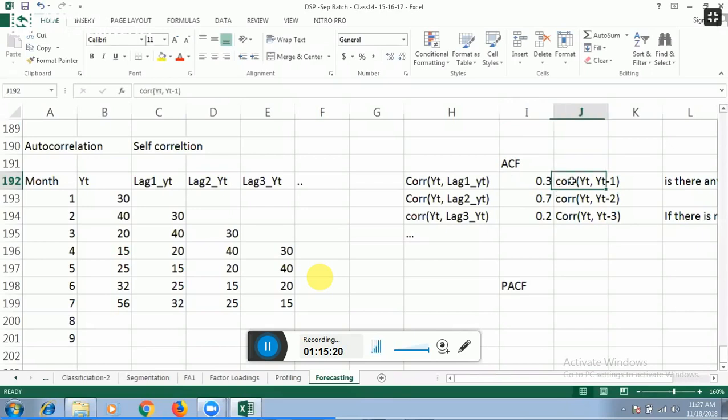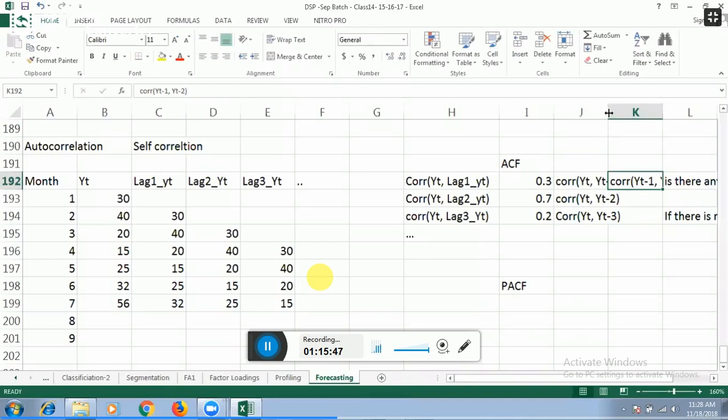So if I want to look at the contribution of just YT minus 1, I need to remove the impact of YT minus 2 on YT minus 1.